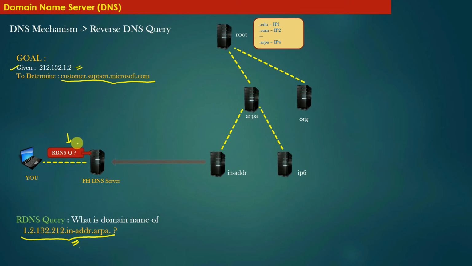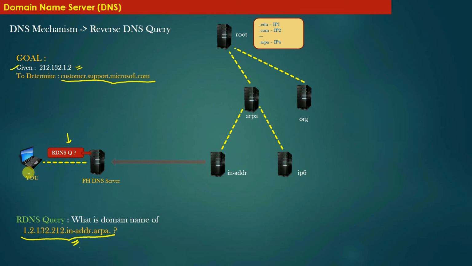If it is an iterative reverse DNS query, your first hop DNS server will reply back to the DNS client with a referral response. In that referral response, the first hop DNS server will specify the IP address of the root DNS server to which the DNS client should forward its reverse DNS query.